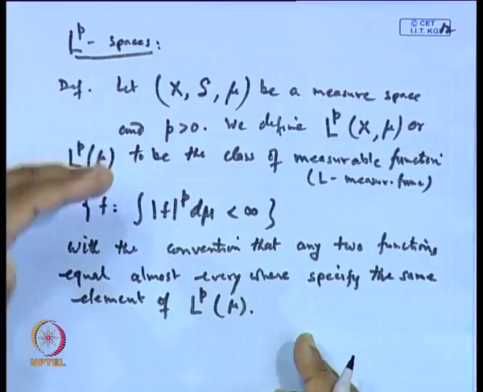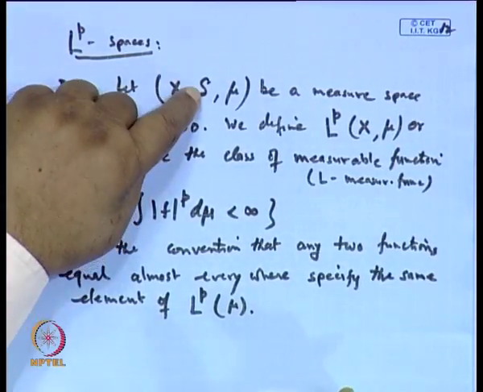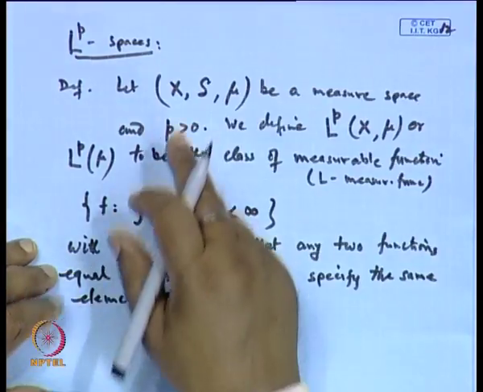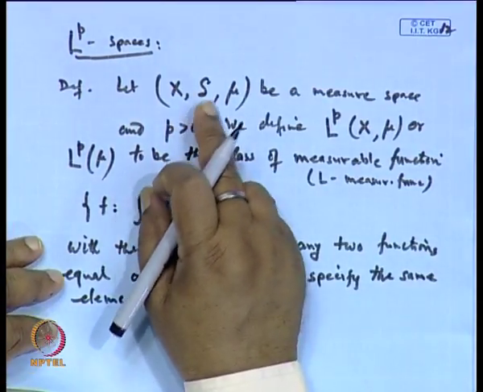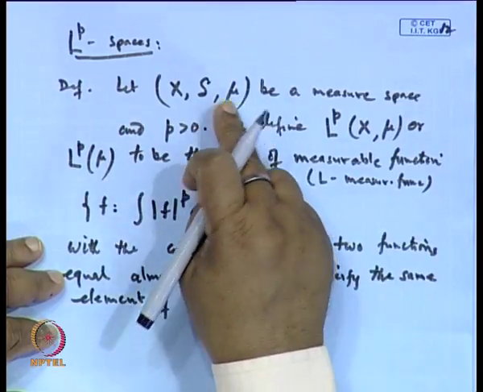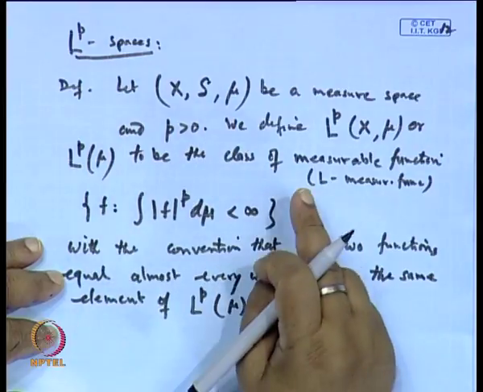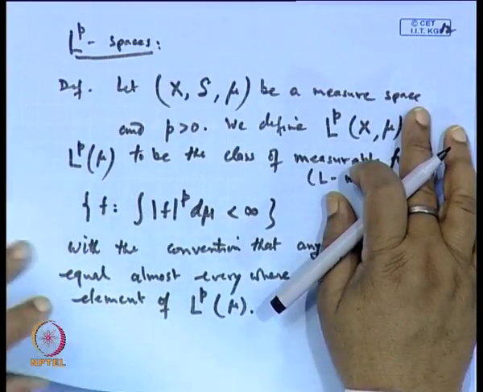So, what we are doing is we are taking capital X as an arbitrary set, S is a sigma algebra generated by the power set of X, and mu is a measure on S. So, this triplet X, S, mu will be known as the measure space.